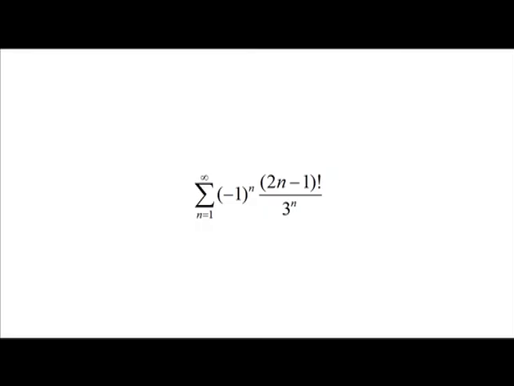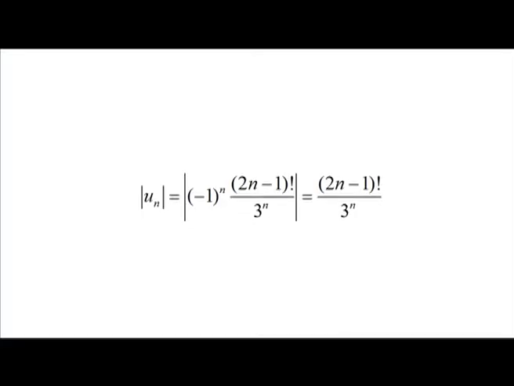Examine the convergence or divergence of the series summation (-1)^n (2n-1)! / 3^n, where n from 1 to infinity. The absolute value of the general term u_n is |u_n| = |(-1)^n (2n-1)! / 3^n|, which is equal to (2n-1)! / 3^n.